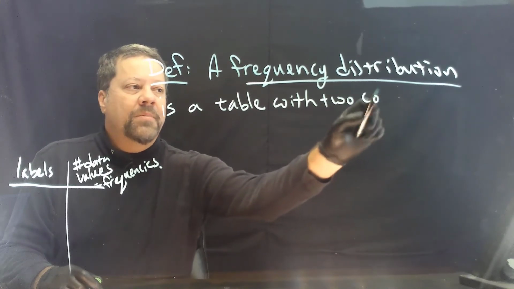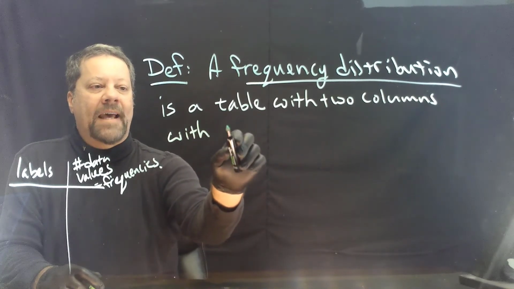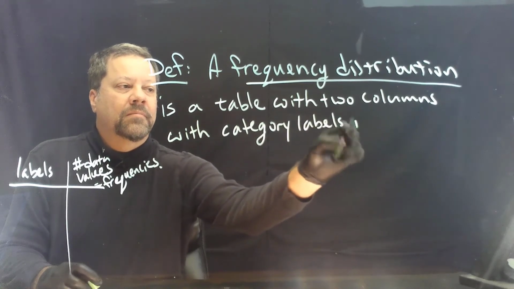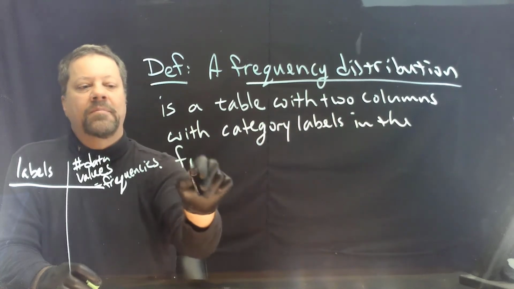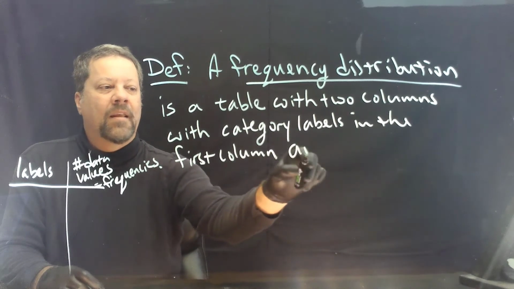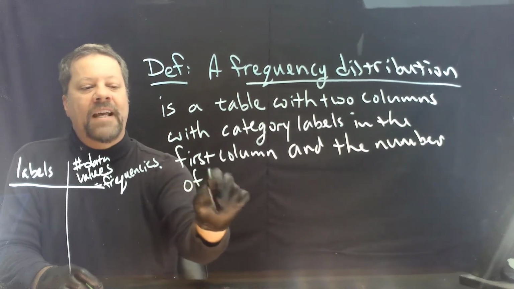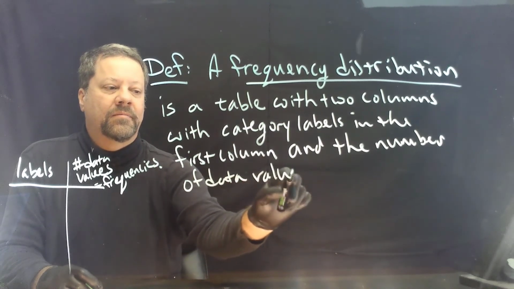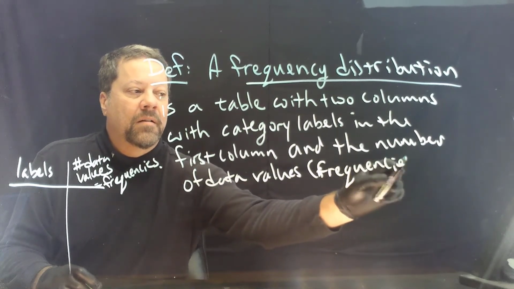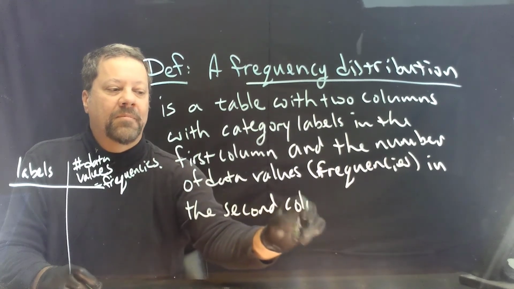So it has two columns with category labels in the first column, and the number of data values, called frequencies, in the second column.